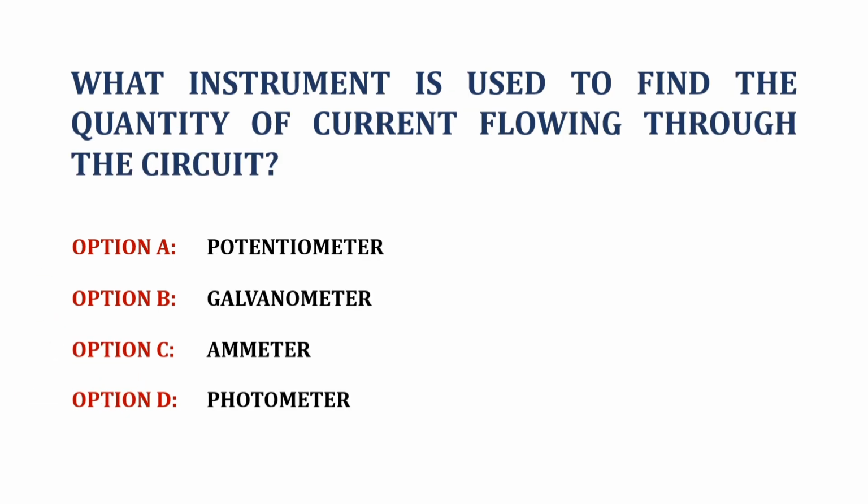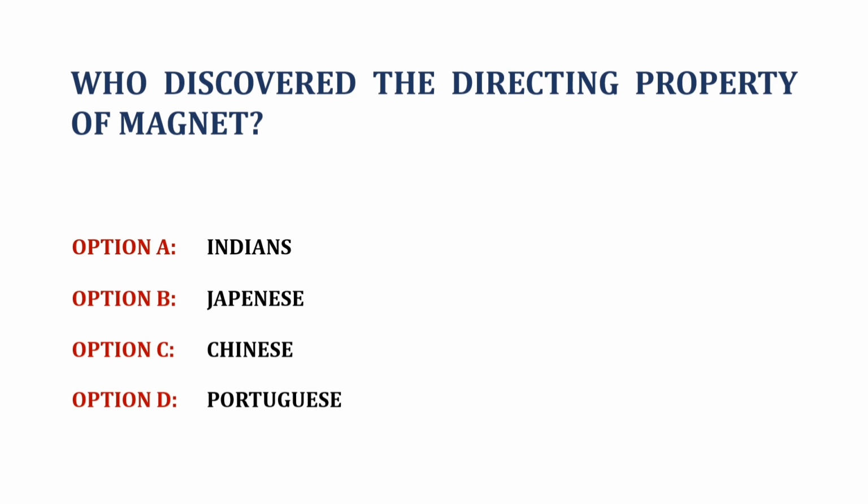What instrument is used to find the quantity of current flowing through the circuit? Option C, ammeter.